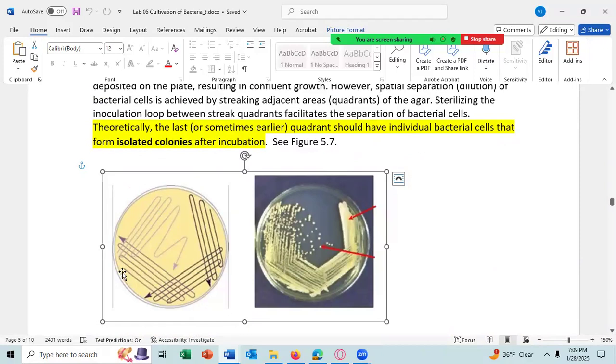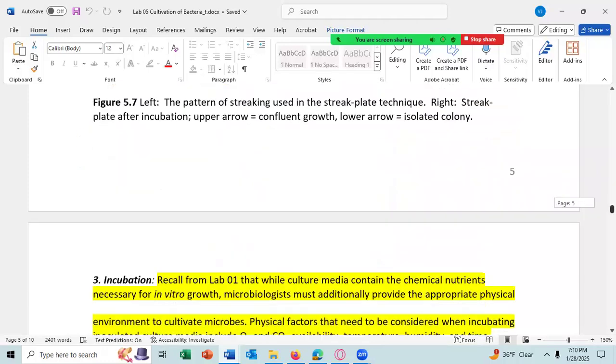Or if it's even more dilute than that, you could get your isolated colonies in sector 2 or quadrant 2. And if it's a very dilute culture of microbes that you're starting with, you might even get your isolated colonies in sector 1 or quadrant 1. Any question about any of that?